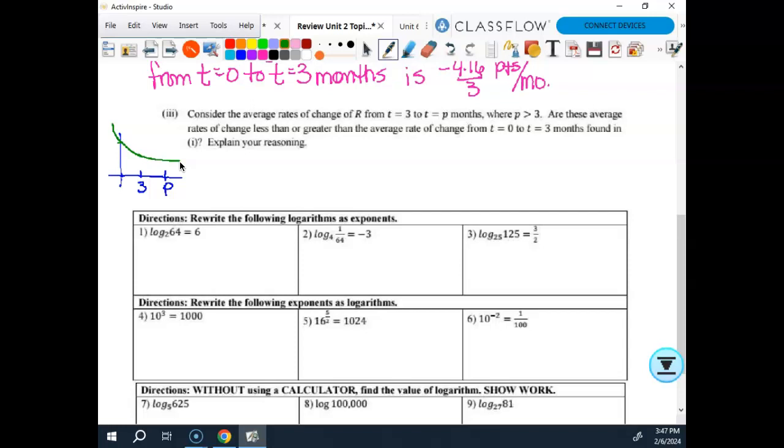So consider the average rates of change of R from t equals 3 to t equals p. Are these average rates of change less than or greater than the average rate of change from 0 to 3? From 0 to 3, there's that rate of change. From 3 to p, whatever it is, and whatever's in between, there's that rate of change.